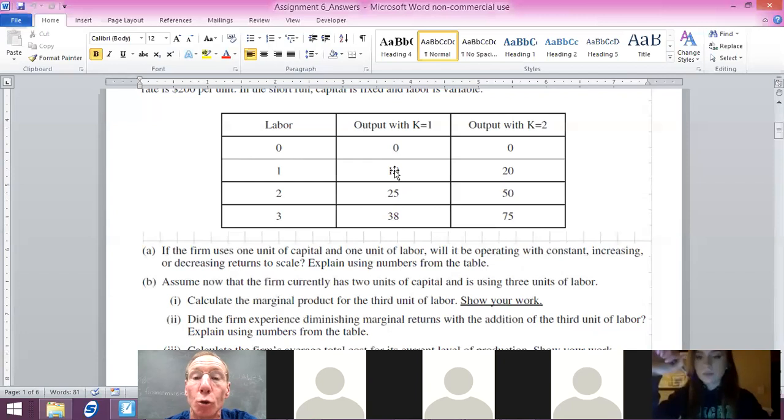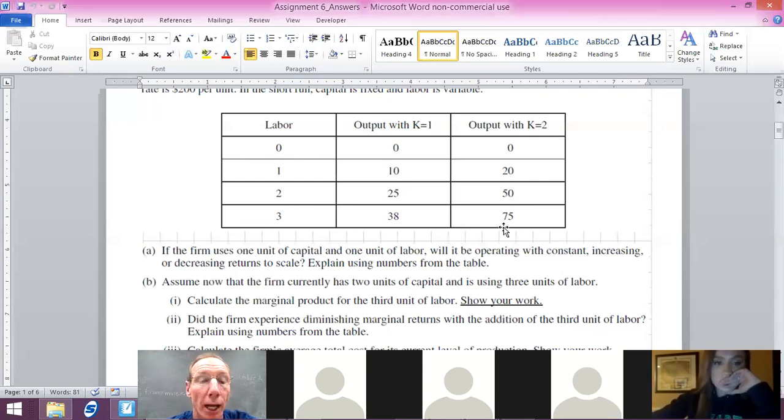It's not going up to 20, it's going up to 50, which means they're operating with increasing returns to scale. The percentage increase in their output going from 10 to 50 is much higher than the increase in their factor inputs, which doubled, going from 1 to 2 and 1 to 2 here.